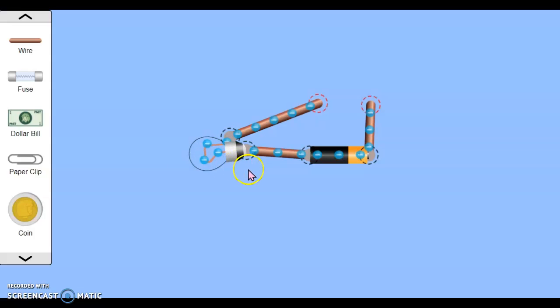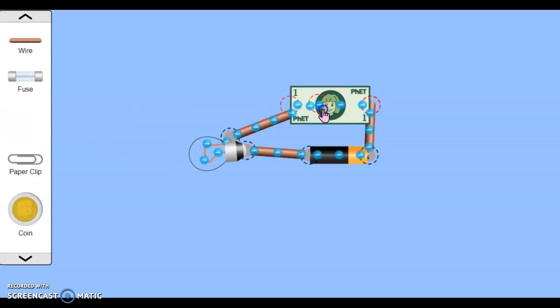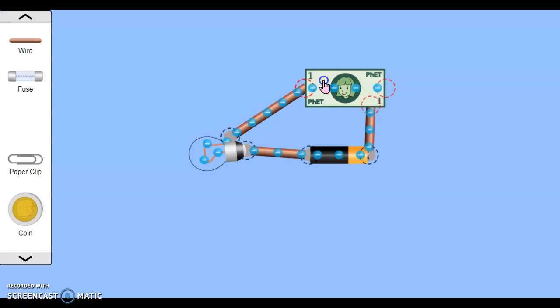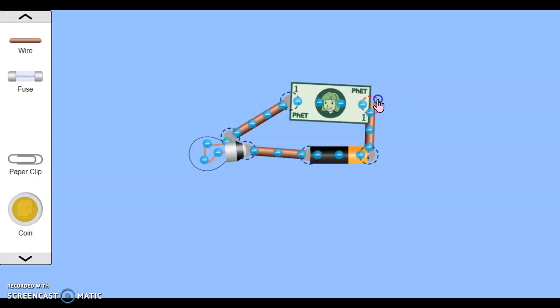Whereas an insulator will not allow electricity to pass through, so this light will not light up. So let's try the dollar bill here and observe whether this bulb will light up. Alright, there you go. No sign of light in here.